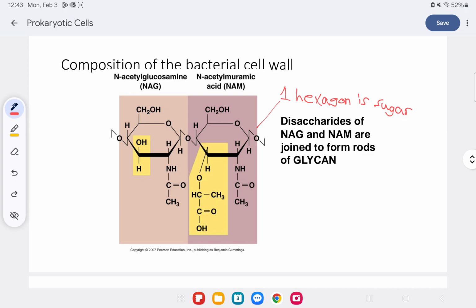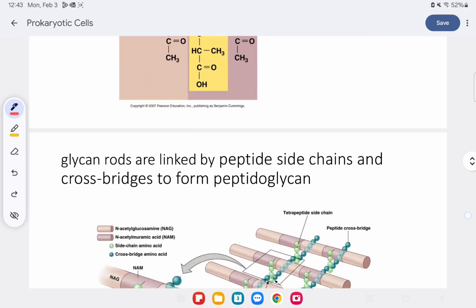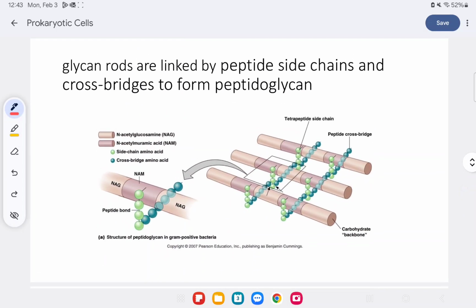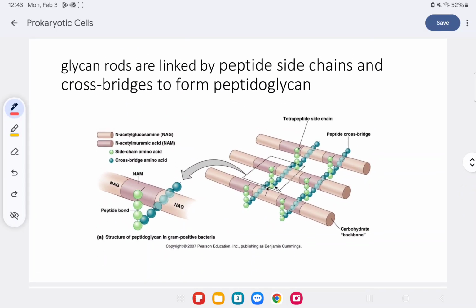These glycan rods are cross-linked with amino acids. Remember that which amino acids and how many will differ between different bacteria, so it's not worth learning that. But what we do know is that it doesn't matter which bacteria it is, this is what they're doing. They're using amino acids to hold together these glycan rods.